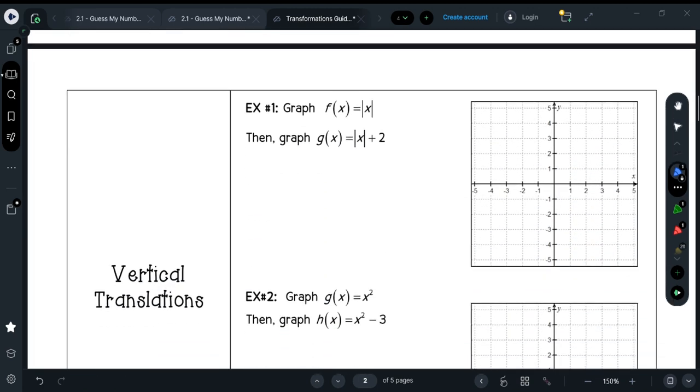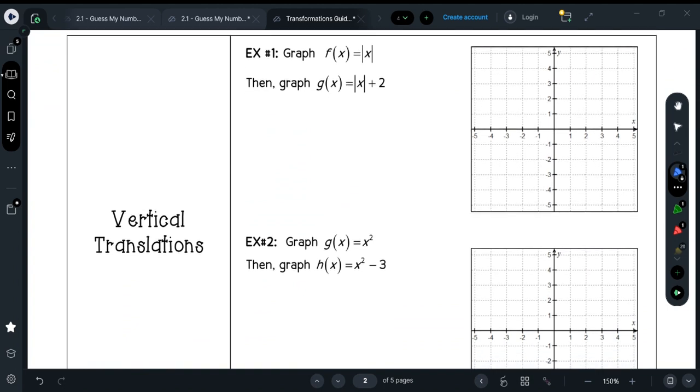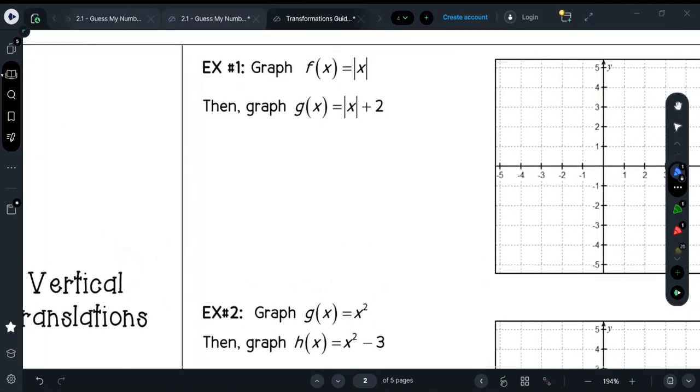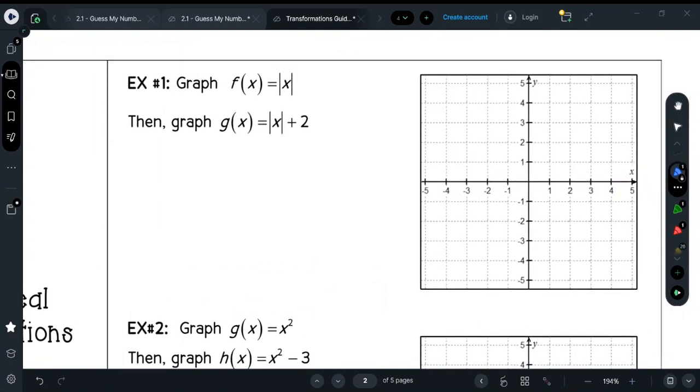Okay, let's take a look at some examples. In example number 1, we have two functions that we're going to graph here. And we haven't talked about this kind of notation yet, but just so you know, when you see this f of x, that's the same thing as y.